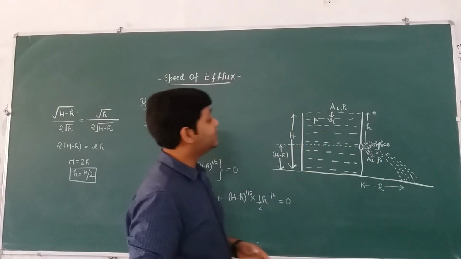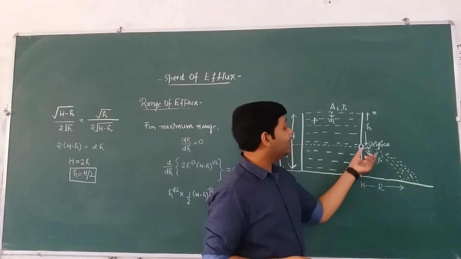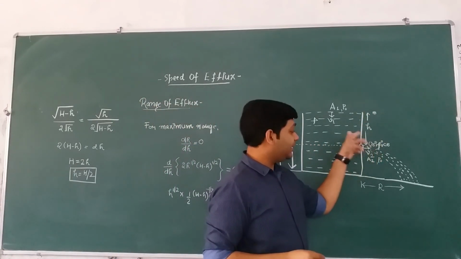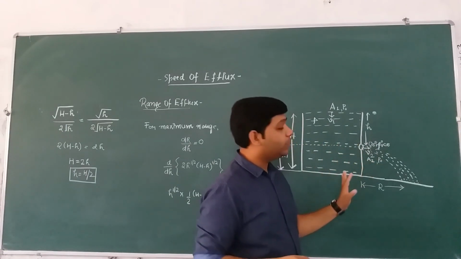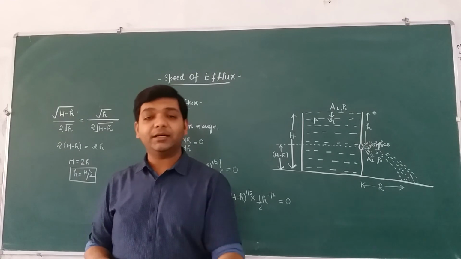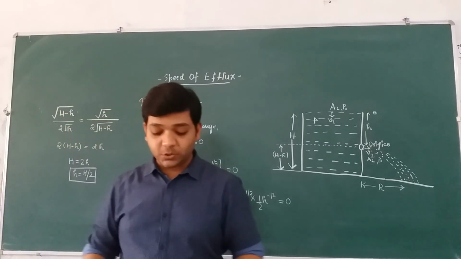So this is what Torricelli's theorem states. It states nothing but that the velocity of efflux is root 2 gh in other terms or in a different style. So let me dictate Torricelli's theorem to you.